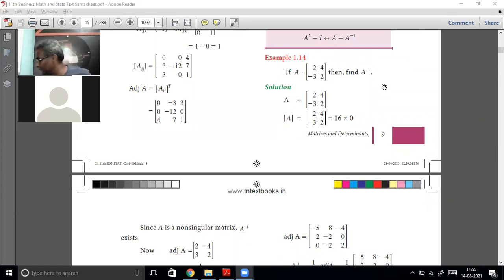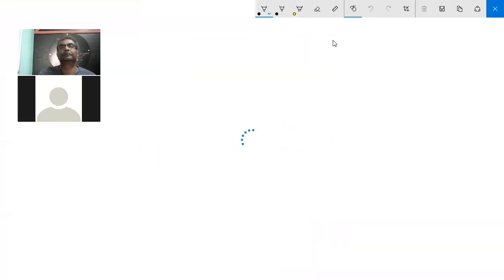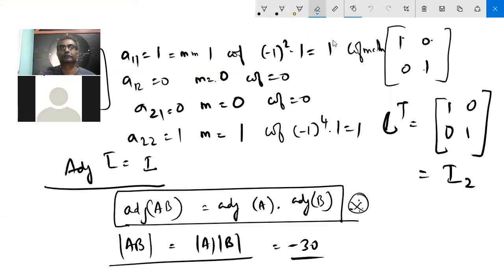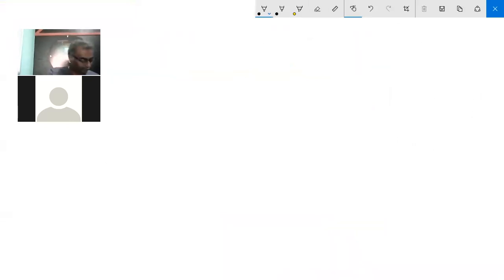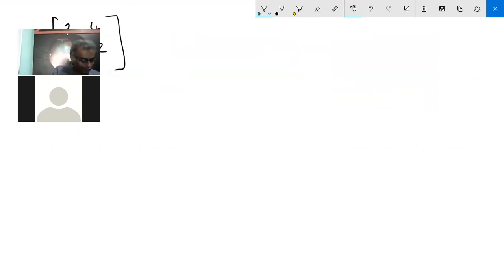Example 1.14. The matrix is 2, 4, -3, 2, this is equal to A. Find A inverse.